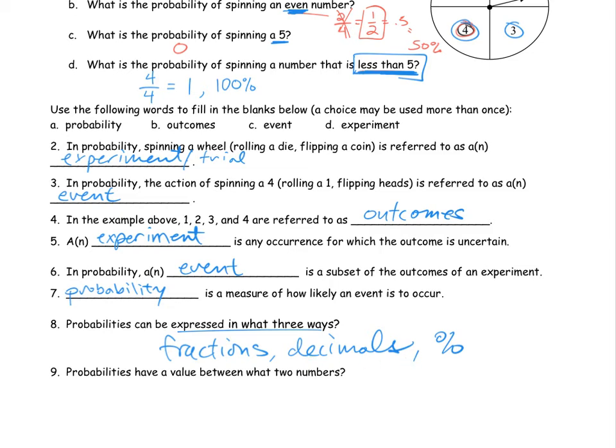No matter what, probabilities have a value between 0 and 1, or if you're using percentages, 0 and 100%. You are absolutely not going to go above 100%, like we were talking about with the abuse of percentages in a previous lesson.